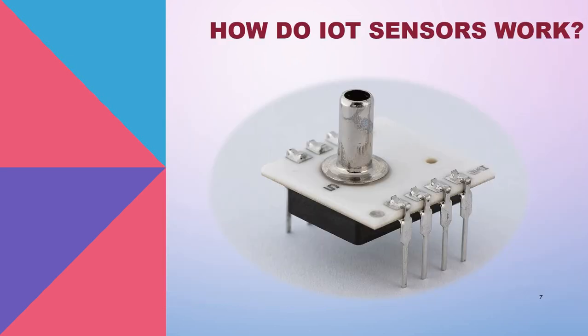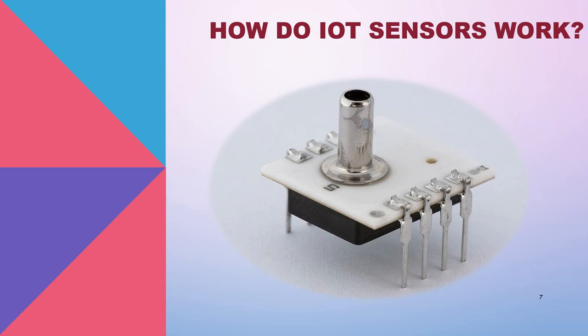So how exactly do IoT sensors work? To understand how this works, we need to delve into their fundamental principles. Sensors are designed to detect and measure physical or environmental phenomena such as temperature, light, or motion.